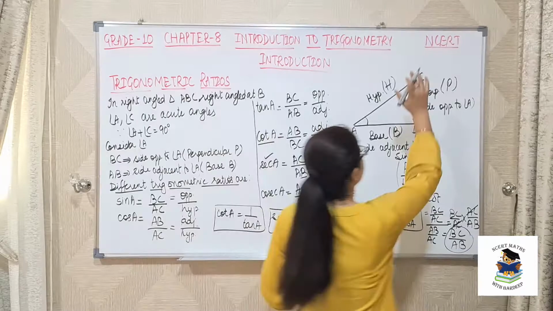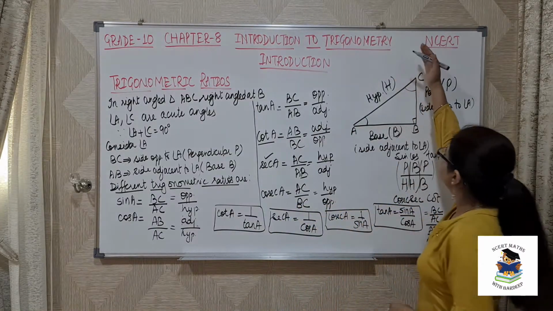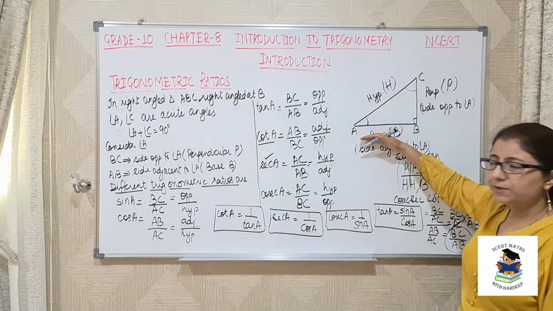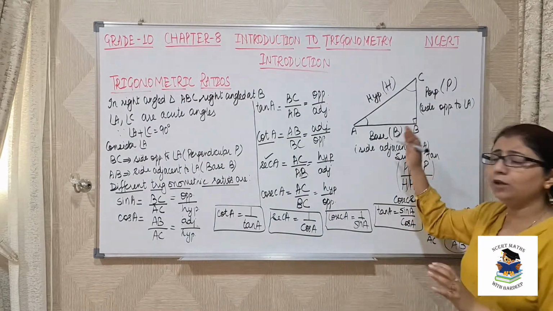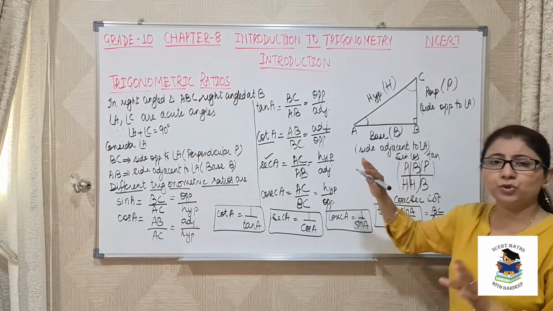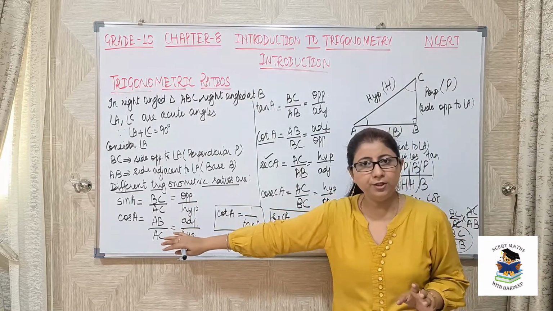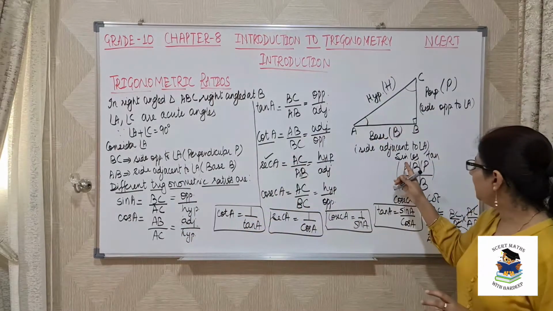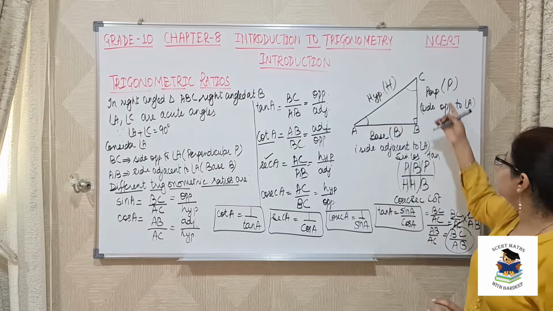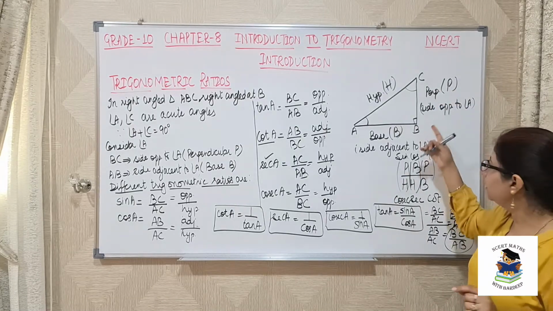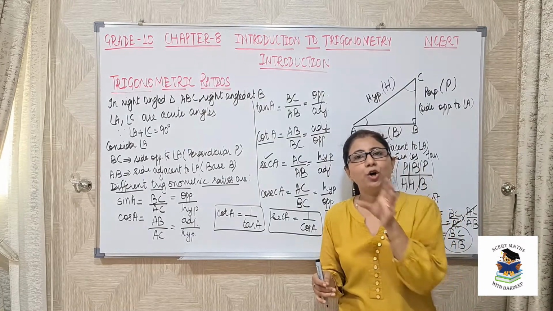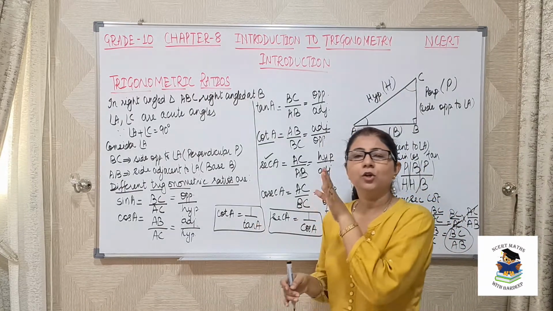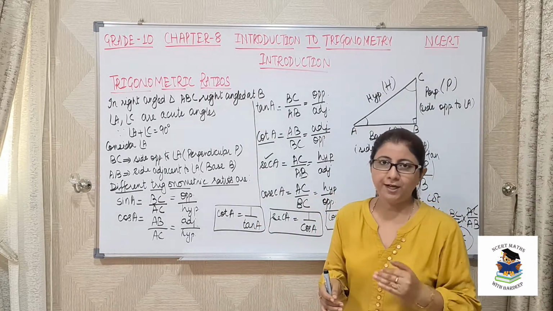But if we use angle C, then this will be the opposite side and this will be our adjacent side. So always remember that any ratio that you are considering, suppose sine of A is P by H. P is opposite side, H is hypotenuse. So sine is the ratio of opposite side or perpendicular to hypotenuse.